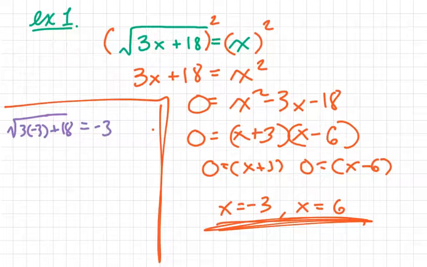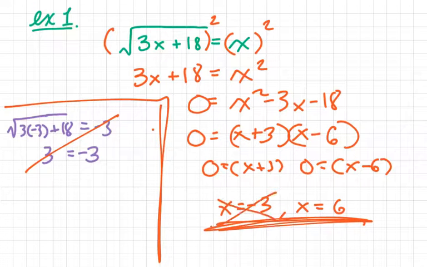Right off the bat, this is negative 9 plus 18, so it's going to be 9, and the square root is 3, so 3 is equal to negative 3. Does this work out? No. So negative 3 is not a solution to this problem. It's called an extraneous solution.